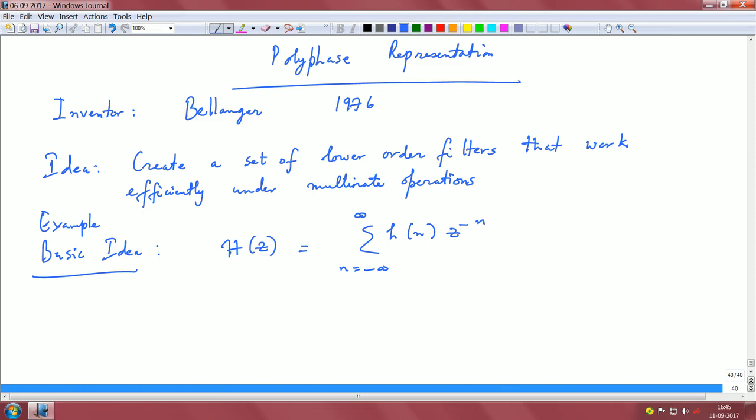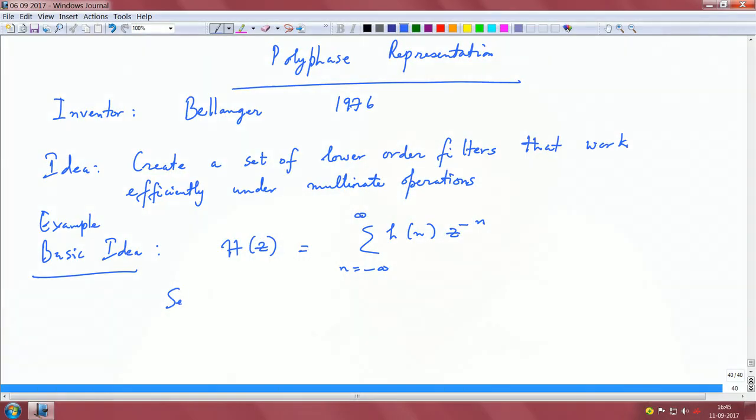This is no big deal, but what is interesting is we will follow the divide and conquer approach that is often seen in computer science, right. We separate H of z into even and odd coefficients.